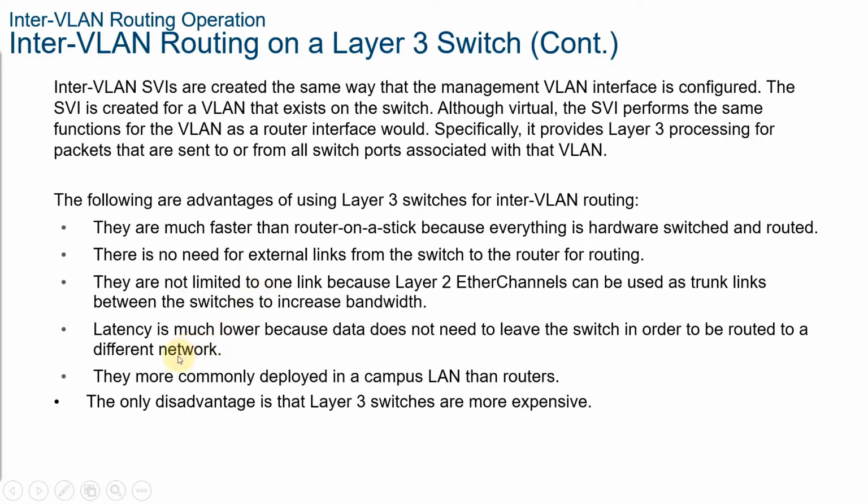Latency is much lower because data does not need to leave the switch in order to be routed to a different network. They are more commonly deployed in a campus LAN than routers. The only disadvantage is that layer 3 switches are more expensive.